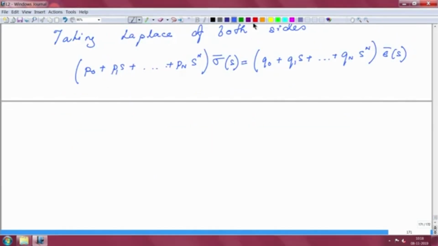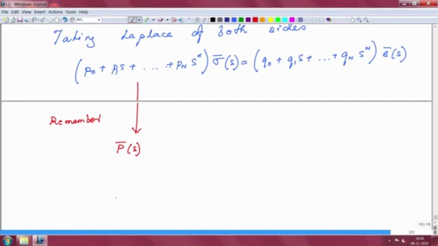Remember that the left hand side can be easily factored, and this is basically the Laplacian of the polynomial now.